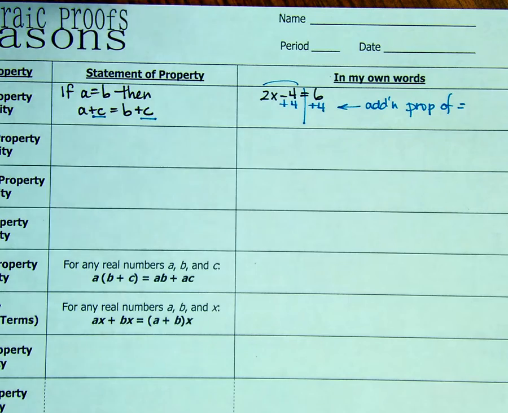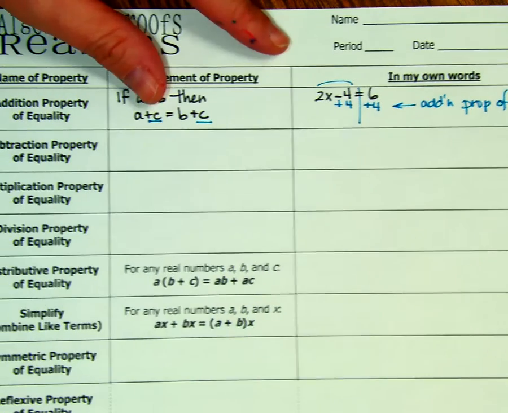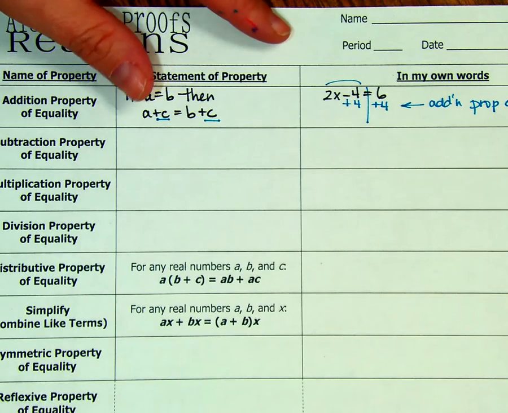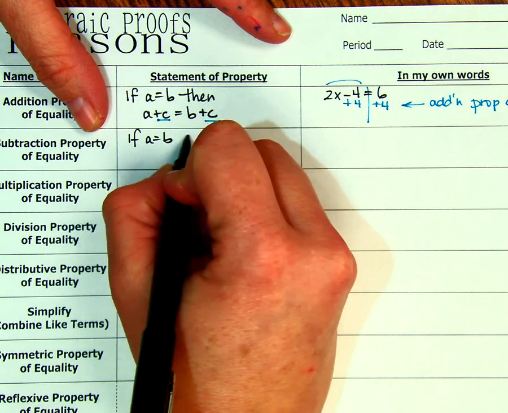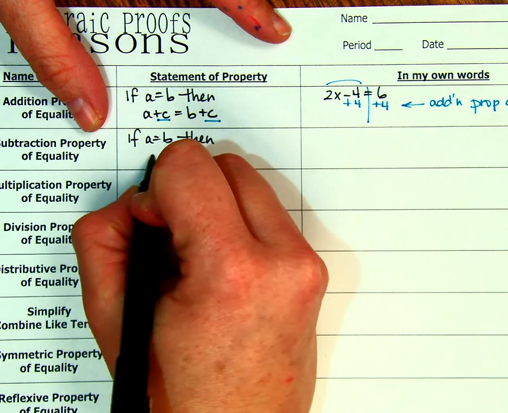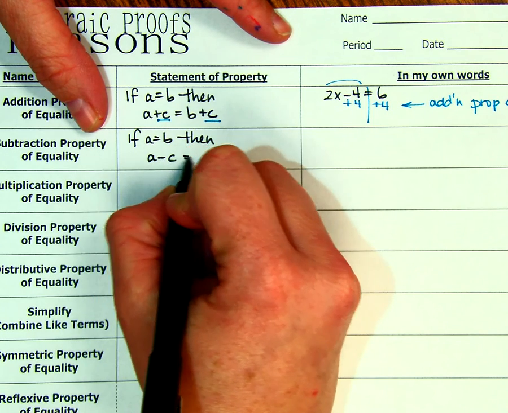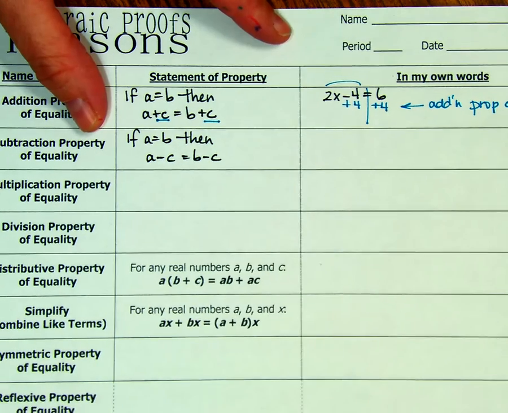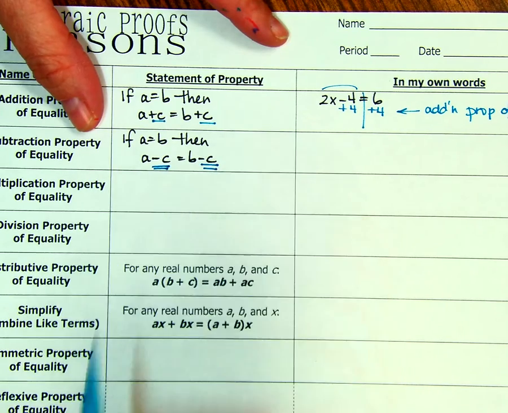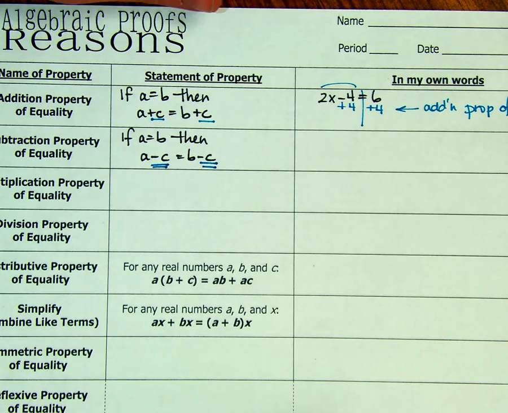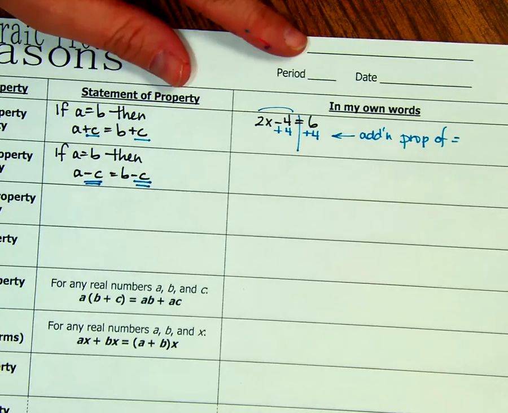Let's move on to the subtraction property of equality, which is the next one. Same idea. If A equals B, then A minus C equals B minus C. Again, what we are doing is we are subtracting the same number or the same value on both sides of the equation.